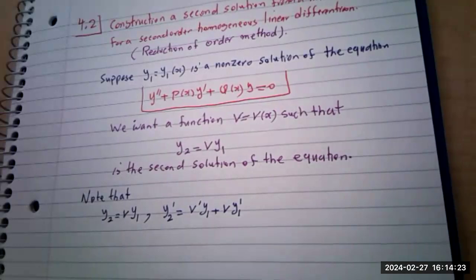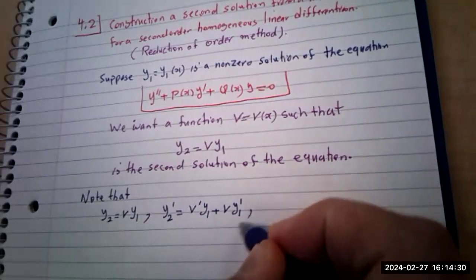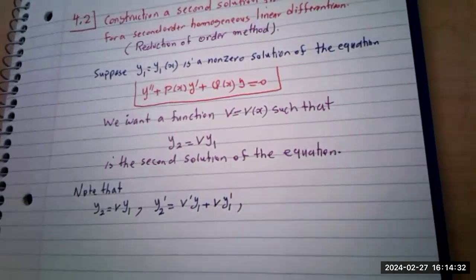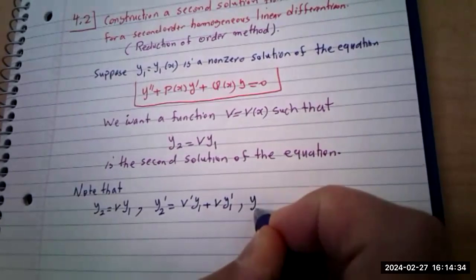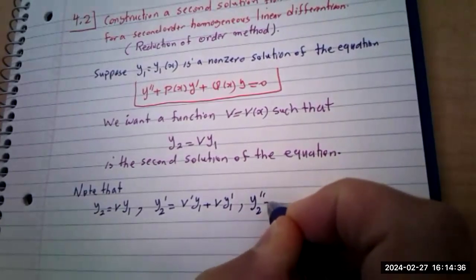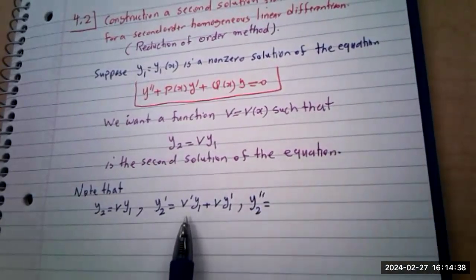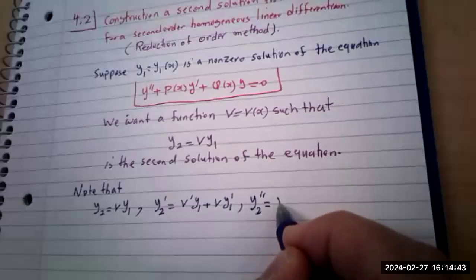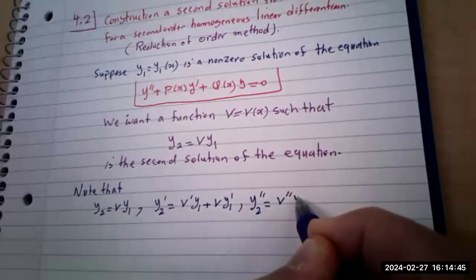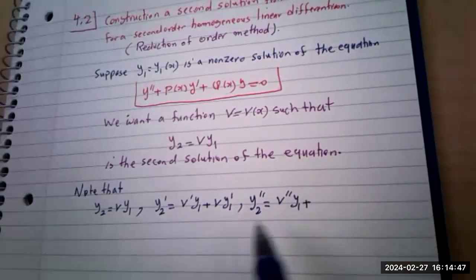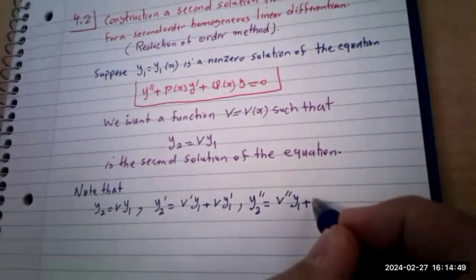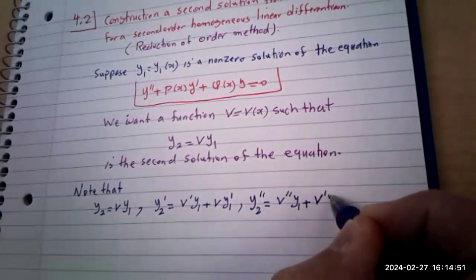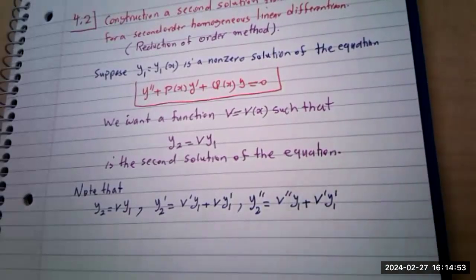Any question? And you also need the second derivative. Carefully find the second derivative. Repeat it again. So that's going to be y2 double prime. You have to apply the product rule here. It's going to be v double prime y1 plus v prime y1 prime.